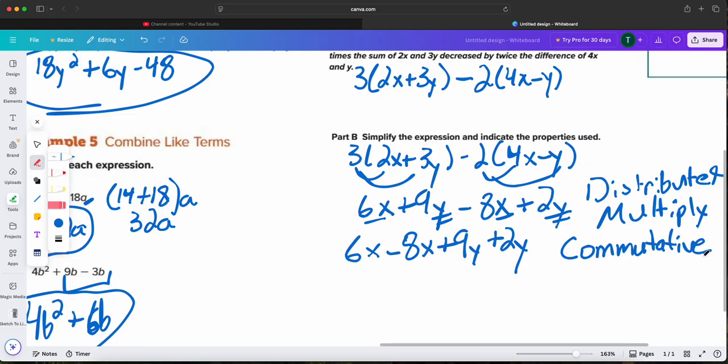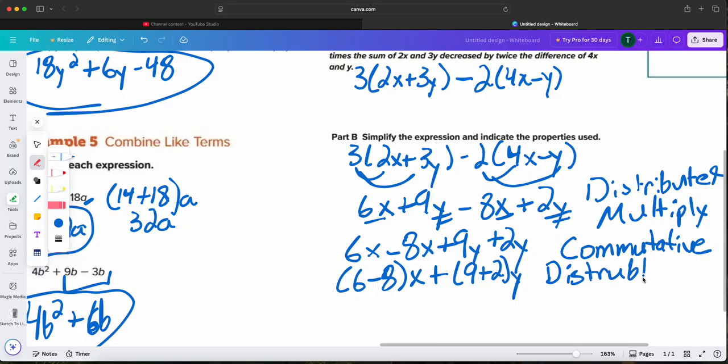Okay. Now we can go ahead and put parentheses, we can pull out those numbers with our variables based off how they've been doing things. So technically what they would want us to do next is 6 minus 8 times x plus 9 plus 2 times y. So this is still distributive property because we pulled out when they had things in common.